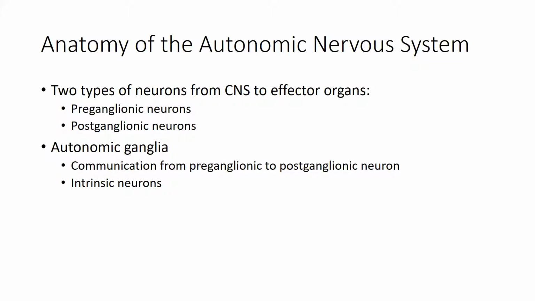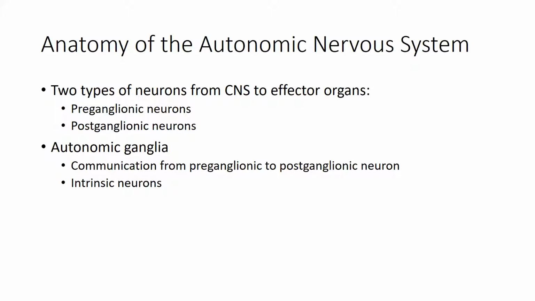And just to clarify here, a ganglia is anytime we have cell bodies that are not in the central nervous system. So an autonomic ganglia is basically where a neuron, an axon terminal, synapses onto a cell body. And this is not taking place inside the central nervous system. This is the peripheral nervous system, right?